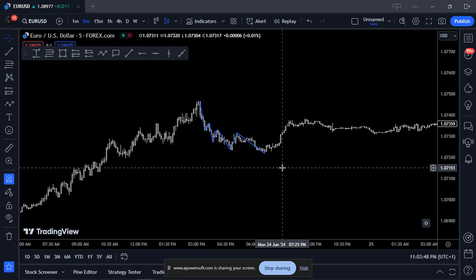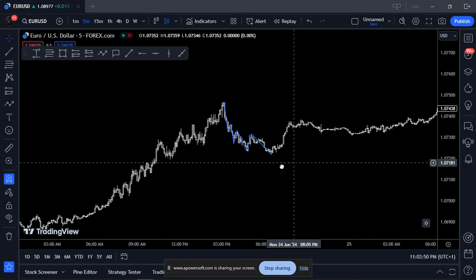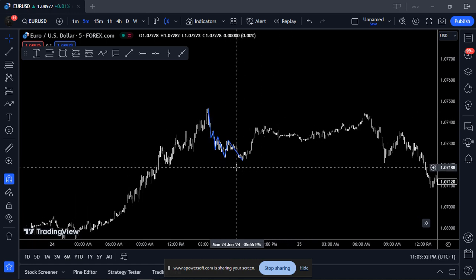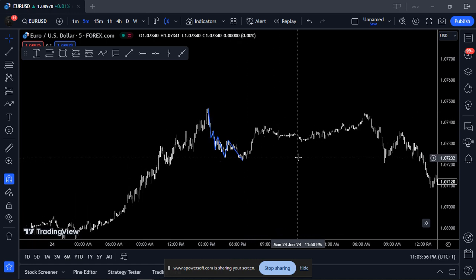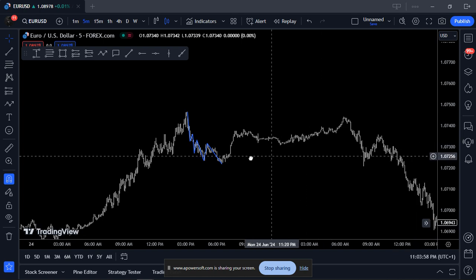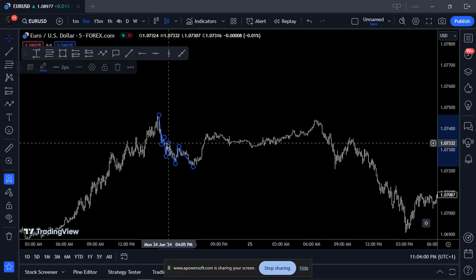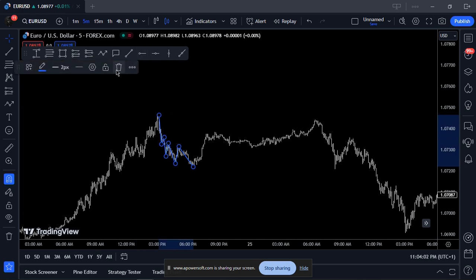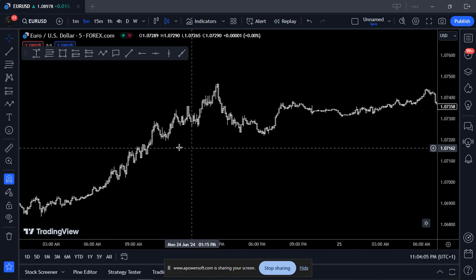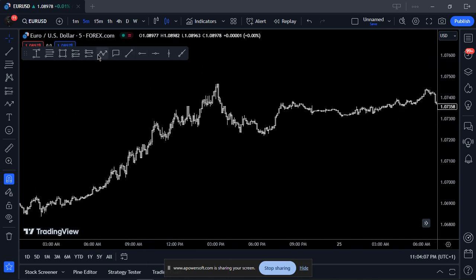Then, sorry, we got it wrong. For a down movement, what we're actually looking for is this.